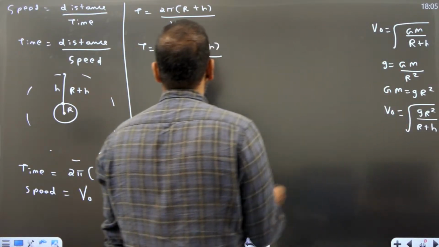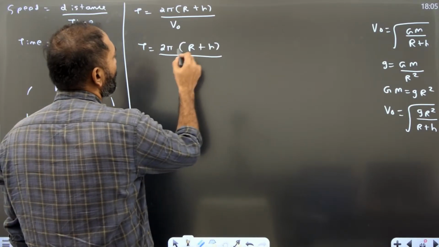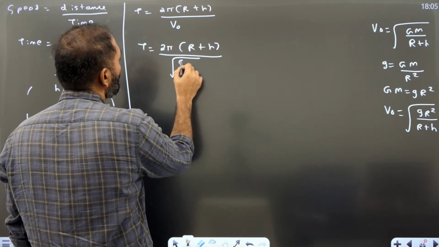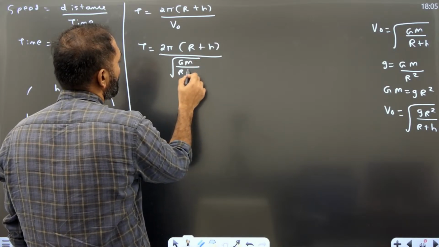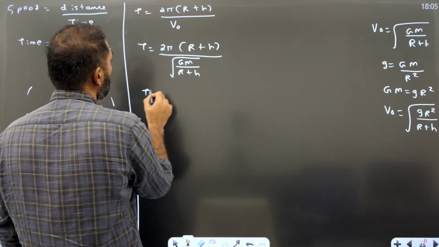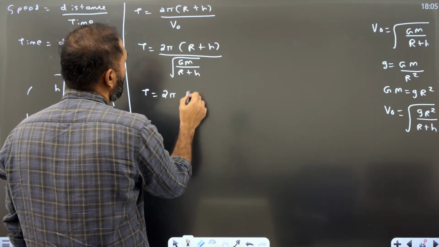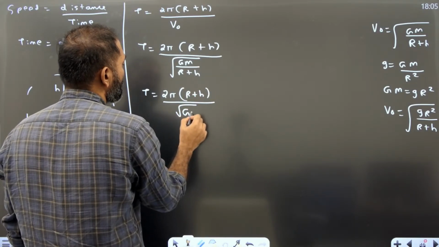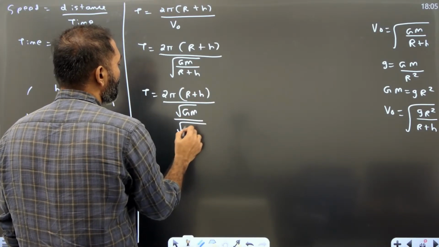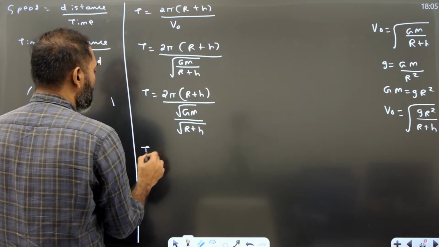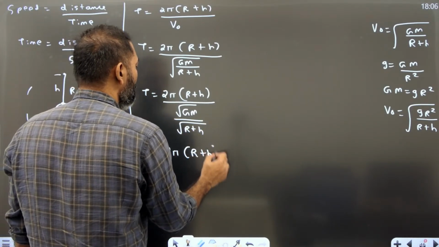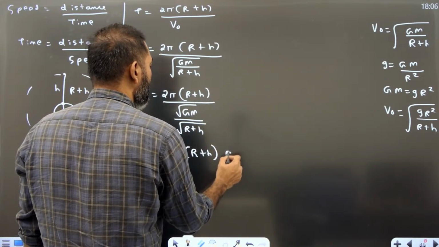So we are using this equation, 2 pi into r plus h divided by VO. Instead of VO, I am writing root GM by r plus h. So T equal to 2 pi into r plus h divided by root GM divided by root r plus h. So T equal to 2 pi into r plus h, the denominator r plus h moves to the numerator.